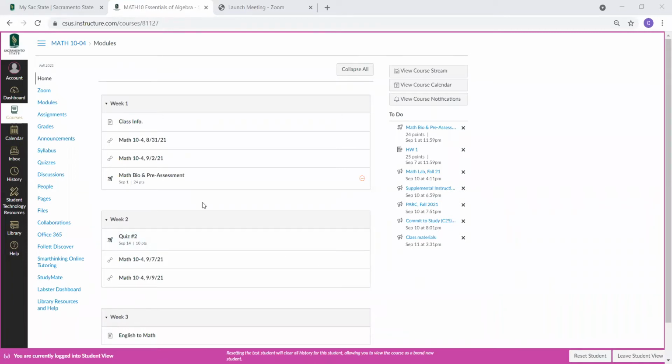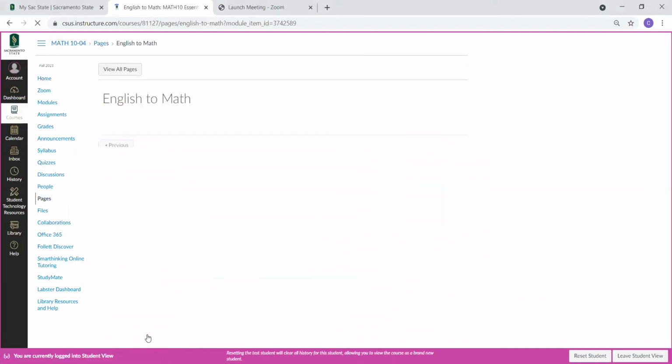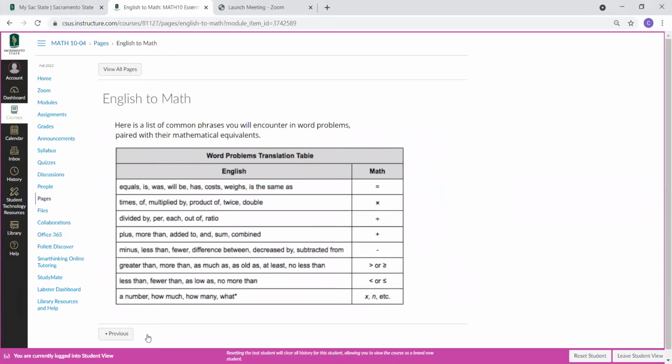Okay, we're in week 3, and so far all we have is this page, English to math. We've talked about 2 of these words. So far we used is means equals, or we can write is with this symbol over here on the right.